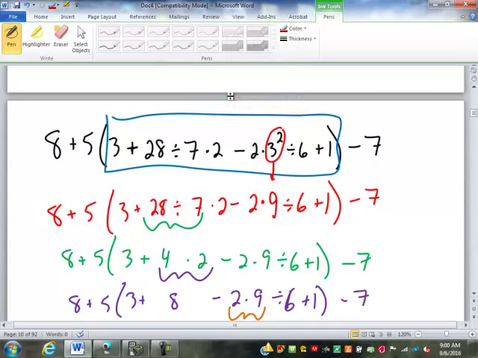Right from the beginning, they'll say, oh, 8 plus 5 is 13, and they'll put that in. Well, what's wrong with that? It's not the order of operations. If we look at this 5 here, it has 2 operations. It has the plus in front of it, but it has times behind it. Multiplication has a higher level of priority. We cannot do anything to that 5 until it's been multiplied.